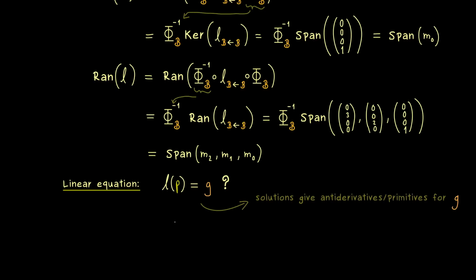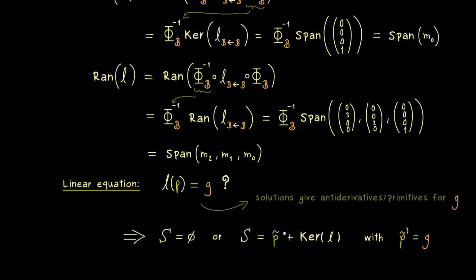However, since this is a linear equation, we already know how the general solution set looks like. The solution set S is either empty or given by an affine subspace in V. And in the second case, we just need a particular solution which we could call P tilde. This means here P tilde prime is equal to G. This means if we find one antiderivative of G, then we immediately have infinitely many.